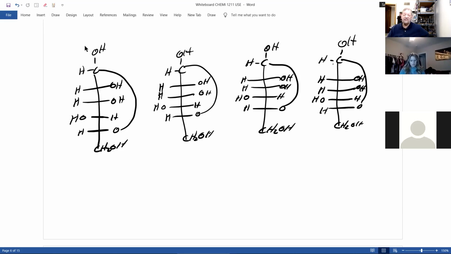All right, let's take a look at, let's call this A, B, C, and D. Is that original or what? Don't answer that. A can react with B with an acid catalyst. How?